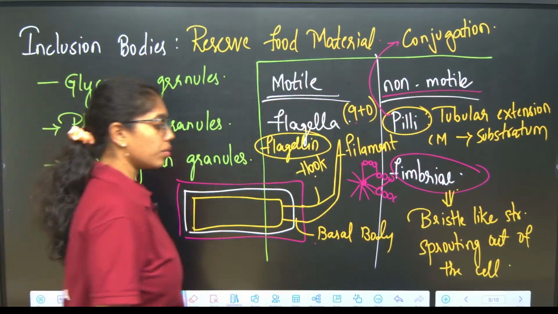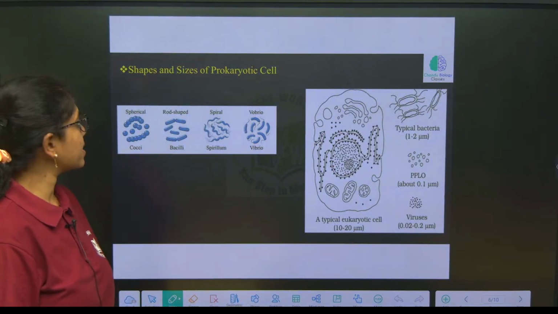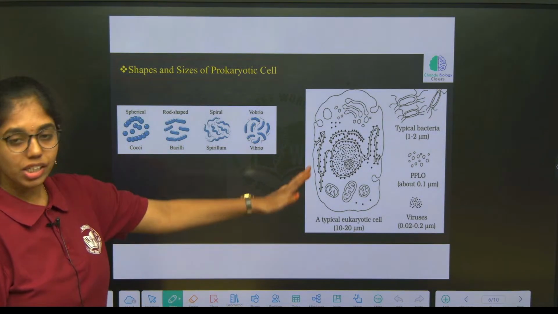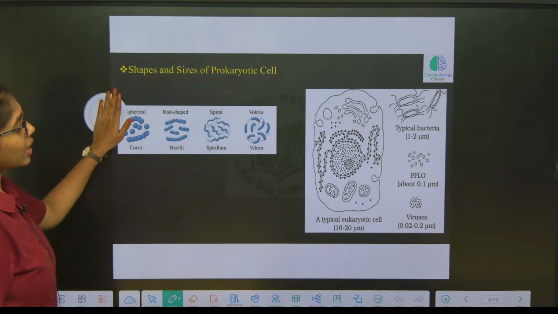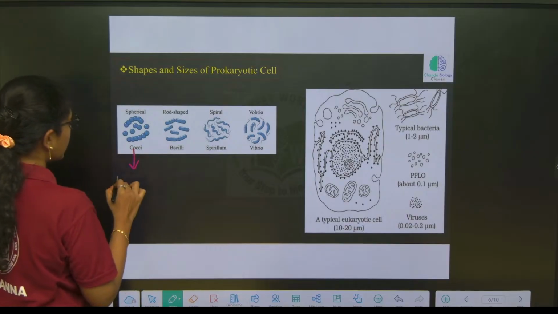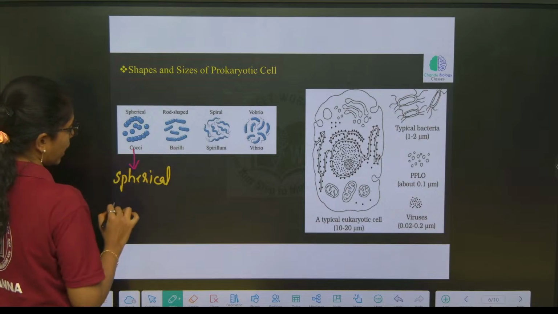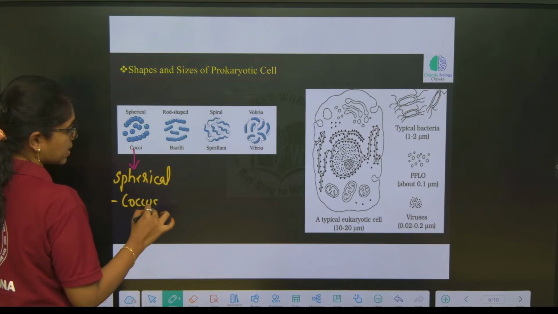Now we will look into different shapes and sizes of the cells. Prokaryotic cell based on different shapes. If the shape is spherical, it is what? Cocci, and singular form is coccus. Okay.